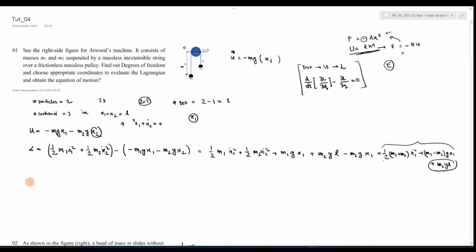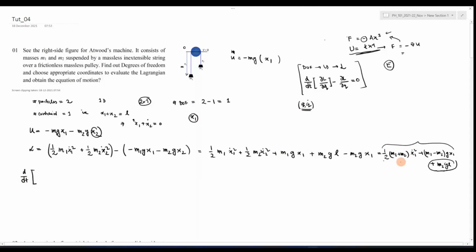Next, when you write the equation of motion using d/dt of dL/dq dot, you have to be very careful with the partial derivatives. You can take q and q dot as separate quantities. So for dL by dq dot, you don't have to worry about q, and while you do dL by dq, you don't have to worry about q dot. So let us find d/dt of dL by dq dot.